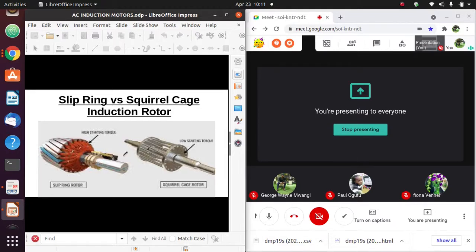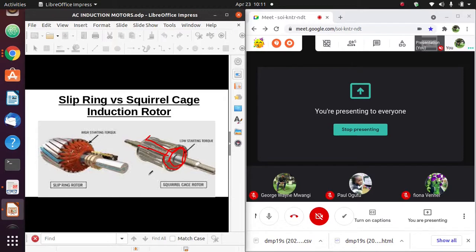And then the ends of those copper bars are shorted by something known as an end ring. Hii hapa. This kitu ambayo imeunganisha these copper bars is known as an end ring. We have short-circuited, we have connected those copper bars together. So this is known as a squirrel cage, kwa sababu inafanana na squirrel cage.